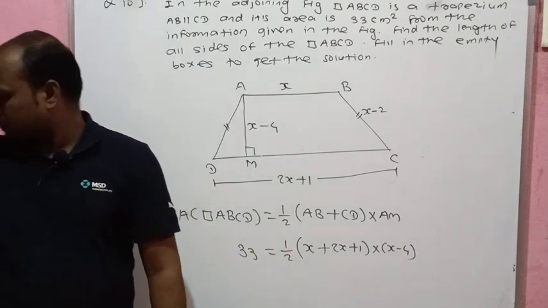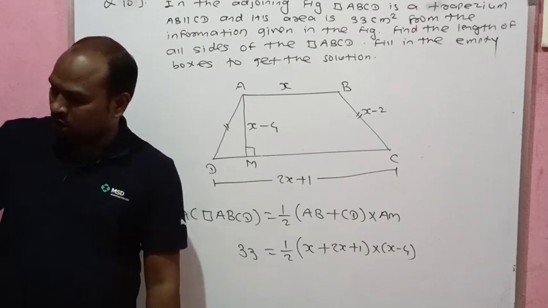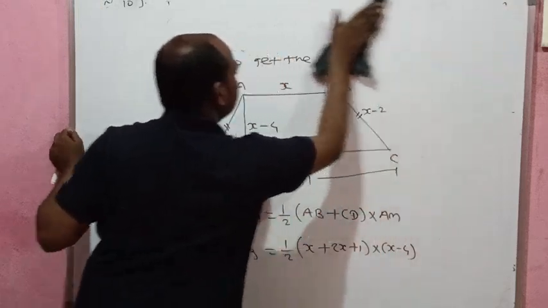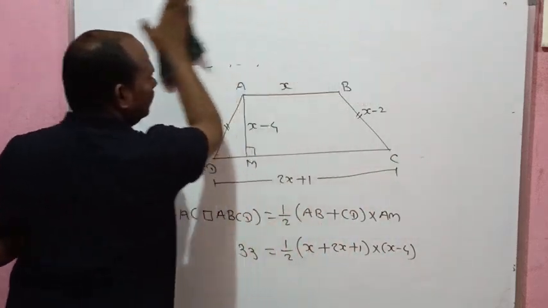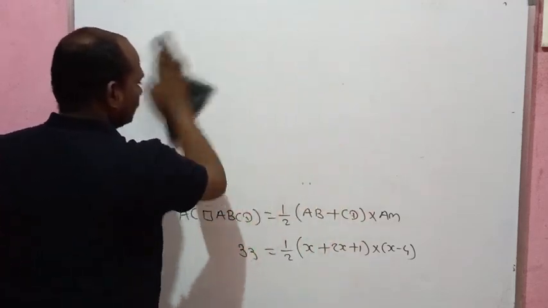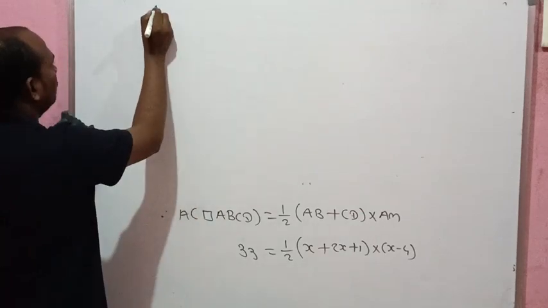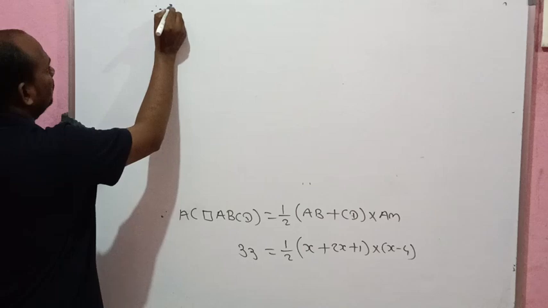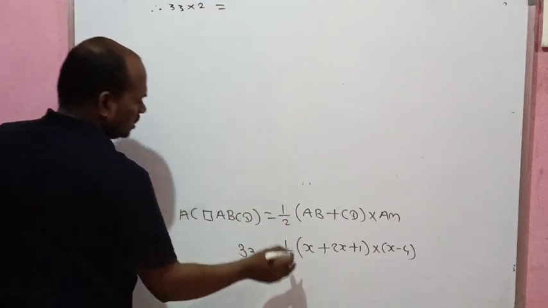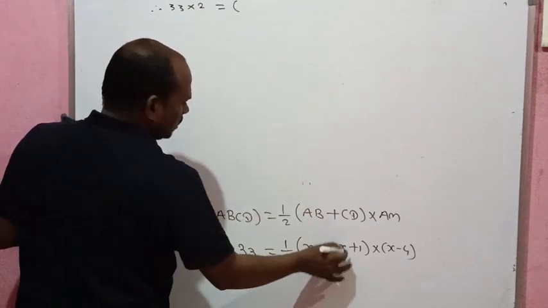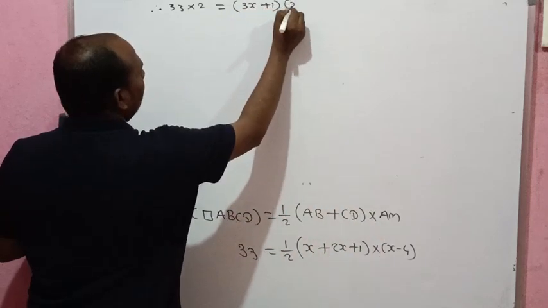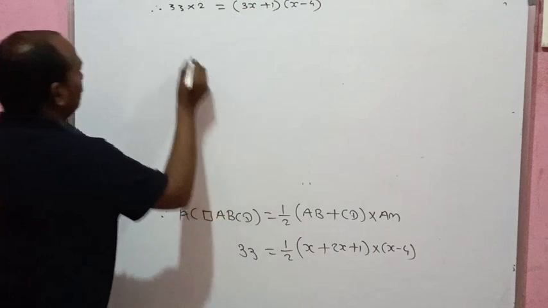Now we can solve this question. Therefore 33 into 2 is equal to x plus 2x plus 1 and x minus 4.